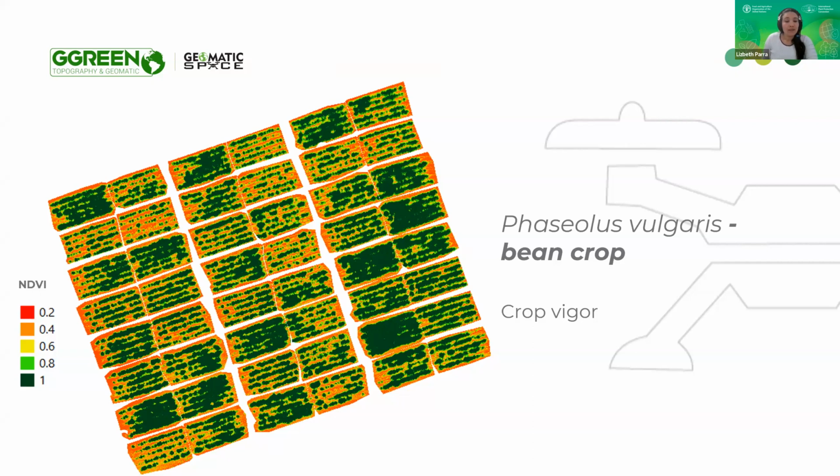Nótese que se observa una variabilidad en el vigor del cultivo. Se notan áreas donde la vegetación no ha tenido un buen desarrollo.